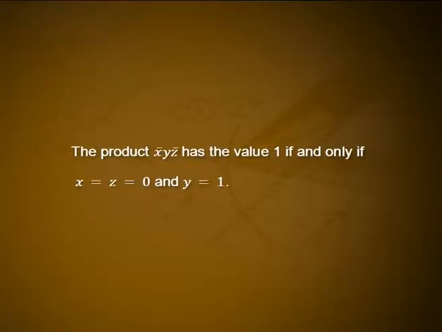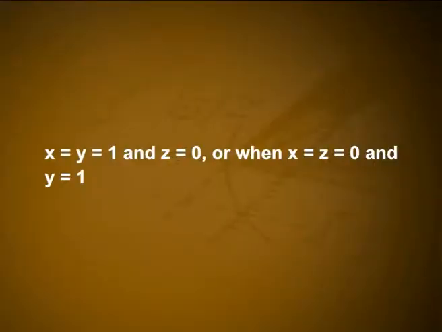Similarly, the product x bar y z bar has the value 1 if and only if x equals z equals 0 and y equals 1. The Boolean sum of these two products, x y z bar plus x bar y z bar, represents g because it has the value 1 if and only if x equals y equals 1 and z equals 0, or x equals z equals 0 and y equals 1.